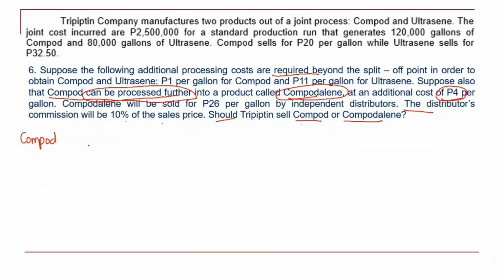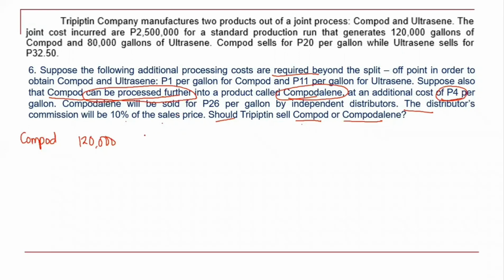So sa Compod kasi, di ba sabi natin, joint costs are sunk costs. Hindi na po natin kasama sa decision natin kung ipaprocess natin further to make it Compodalin or sell as is na Compod lang siya.